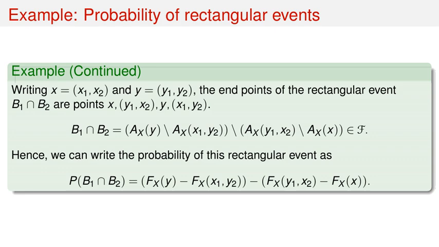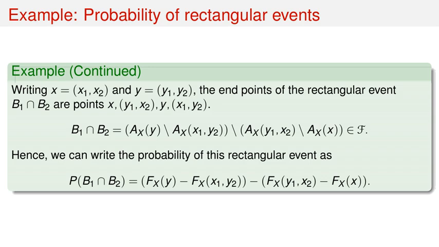Continuing this example of probability of rectangular events, let x equal (x sub 1, x sub 2) and y equal (y sub 1, y sub 2).